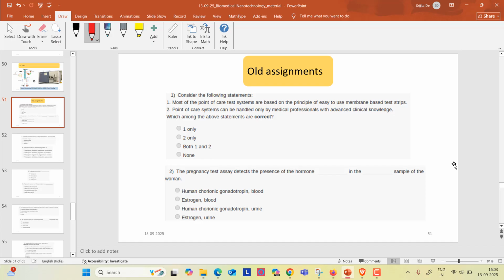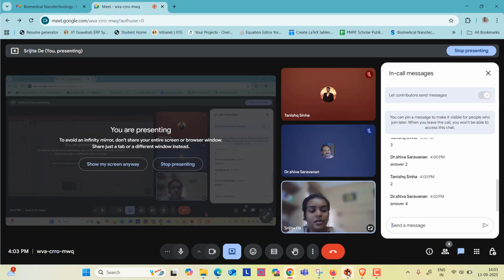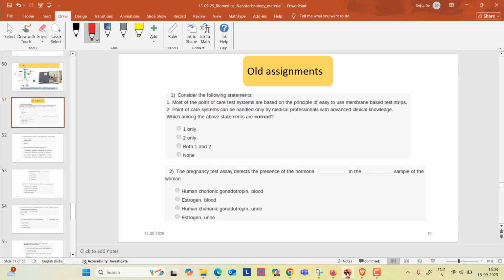So the right answer will be only one, right? Statement 1 is correct. Because you know that point of care testing is developed because anyone can use that, right? So statement 2 is completely wrong. So the answer is 1 only.